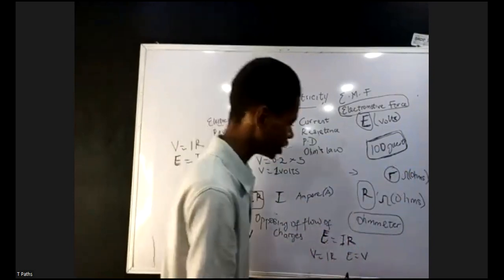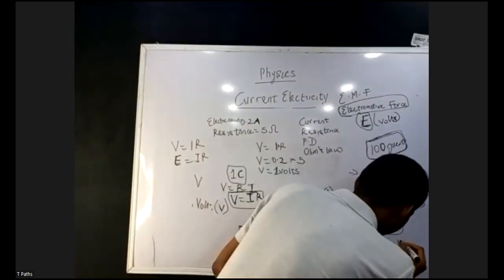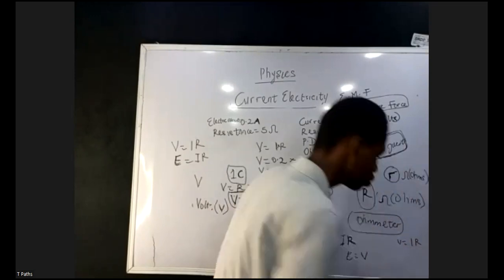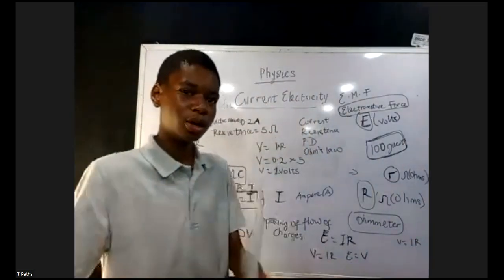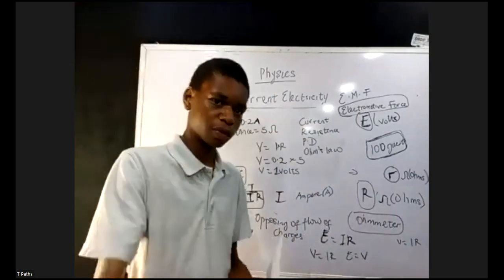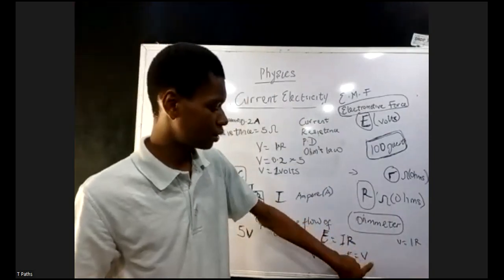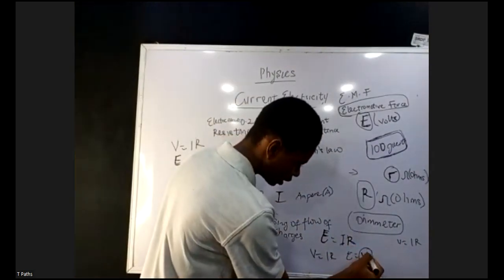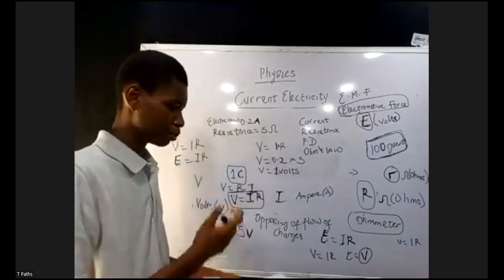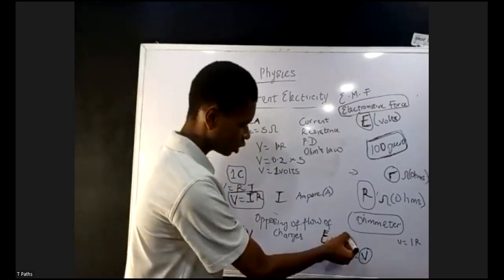So how do I get the potential difference? Potential difference is V equals IR, right? So my R here is small letter r. So what I'll do is add up the potential difference of the internal circuit plus the potential difference of the external circuit. The potential difference of the external circuit is this capital letter V. Don't forget potential difference is the product of my electric current and my resistance.